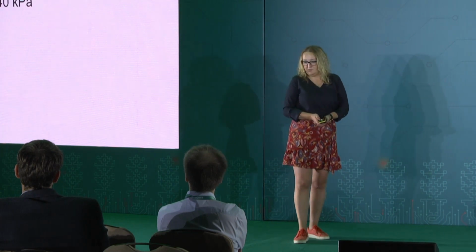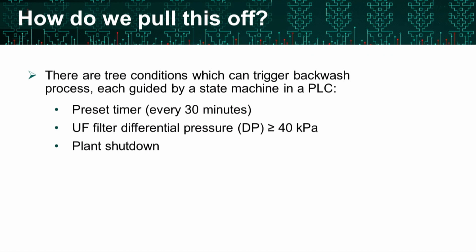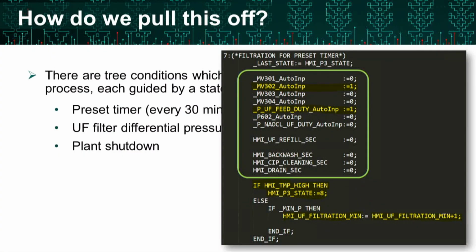For example, there are 3 events which trigger backwash: a preset time every 30 minutes, the UF filter pressure being too high, like more than 40 kilopascal, or plant shutdown. So the attacker would need to know how to trigger these events. All of this control logic, you cannot see on the HMI.